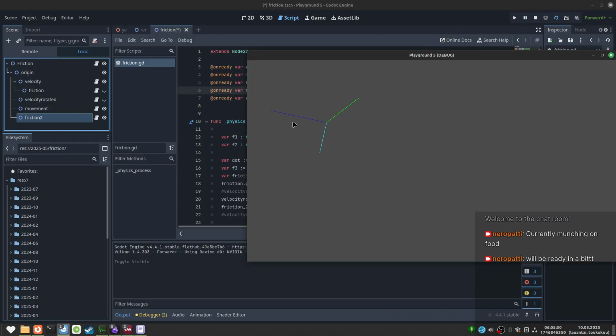It's a unit vector in reality, but here it's some arbitrary length. I don't care about that. And this movement vector rotating means that the friction, which is this light blue line, or cyan, whatever, changes based on the angle of the movement relative to the velocity, right?